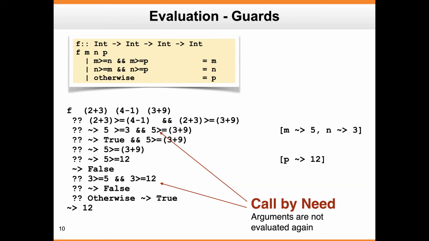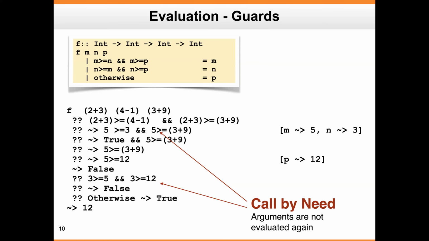And then I can evaluate this expression to true, because 5 is greater than 3. Then I need to continue the evaluation with the second part of the guard, checking whether 5 is greater than or equal than 3 plus 9, 12. I say this is false.